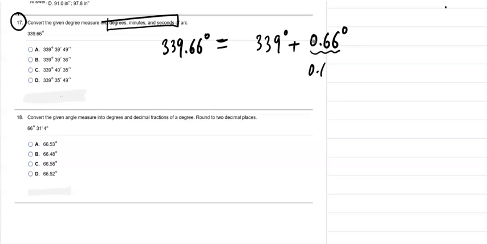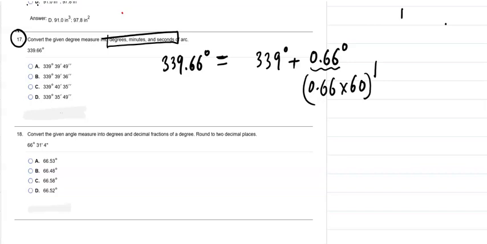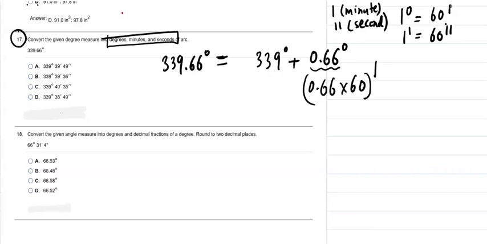Now I multiply 0.66 times 60. I change this to minutes. If you multiply by 60, you change degrees to minutes, because 1 degree equals 60 minutes. Remember that this symbol is for minute, and these 2 line symbols represent second. So 1 degree equals 60 minutes, and 1 minute equals 60 seconds.